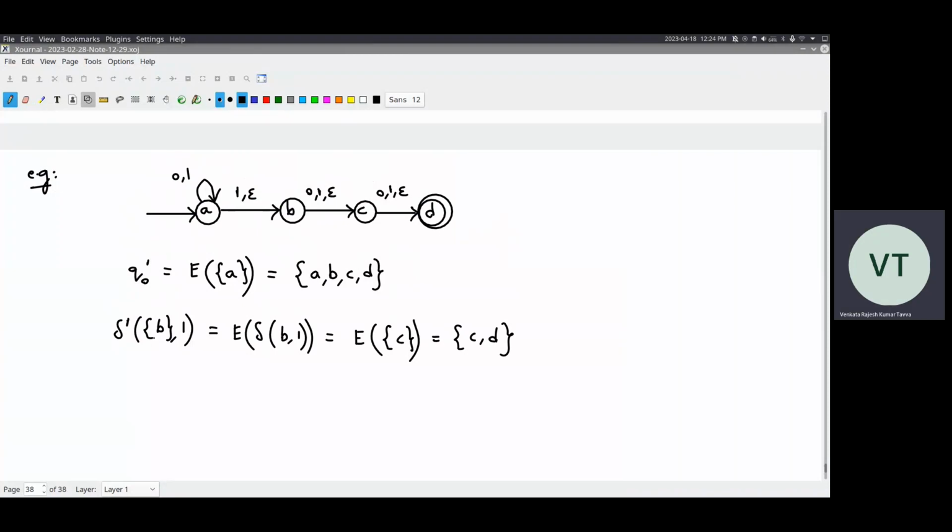Union of delta small ra for each small r in capital R. Here there is only one small r, that is B. If there are other elements, suppose this is maybe ABC, comma 1, then you will take delta A, comma 1, delta B, comma 1, delta C, comma 1 and perform their union. There is only one here. So delta B1, but this NFA includes epsilon arrows. So you should take E of this thing.